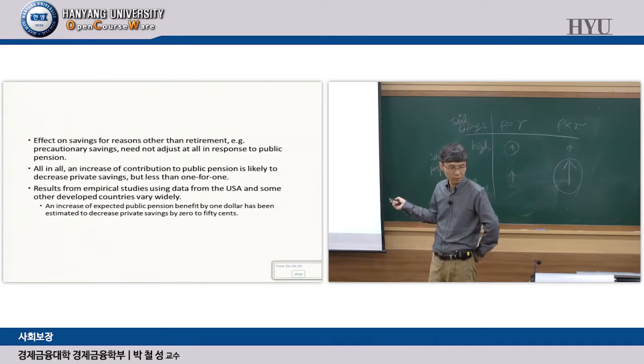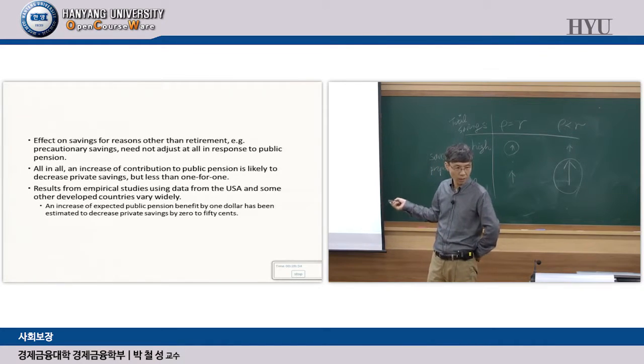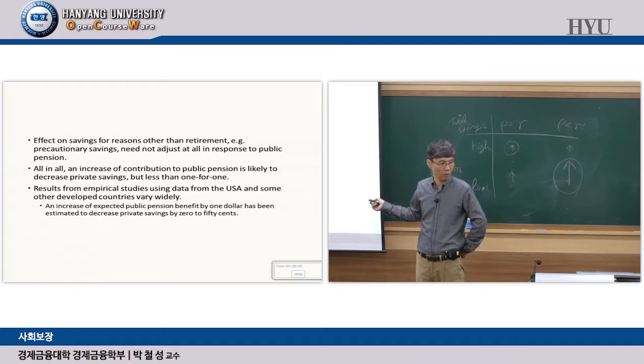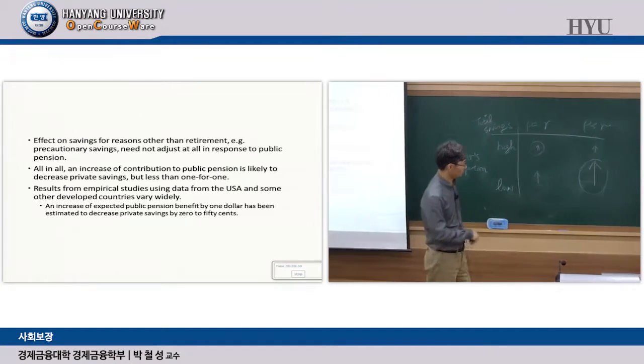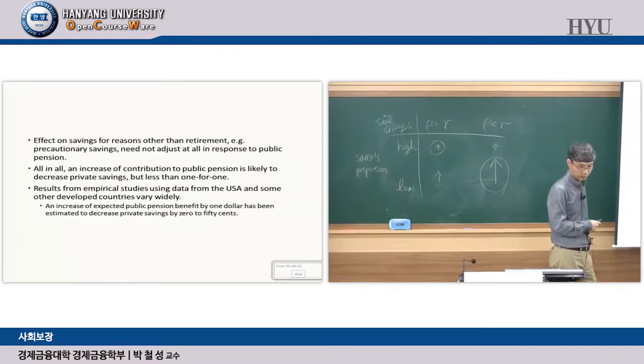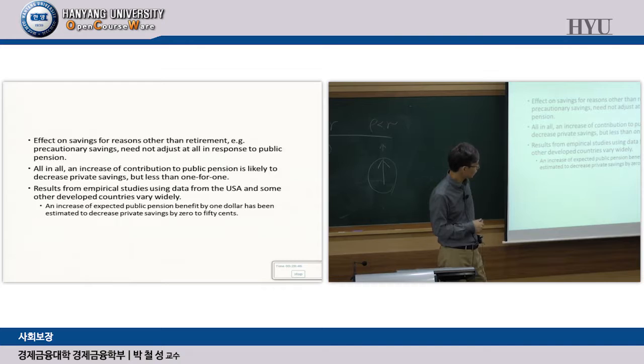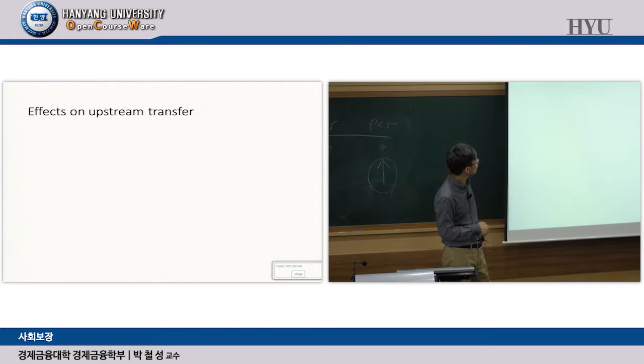So it will decrease private savings, but in some cases it looks like 0, so private savings does not change at all. Or it can be as high as 50 cents, so 50%. So that is the basic idea.